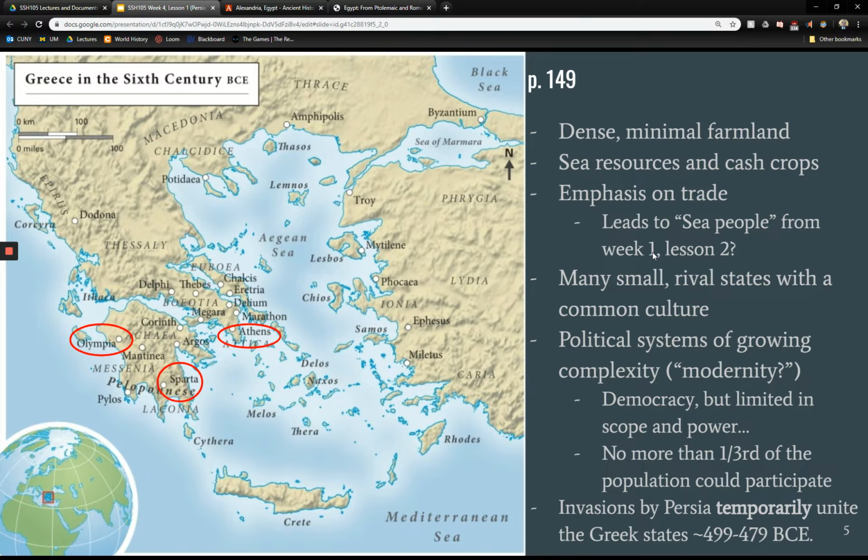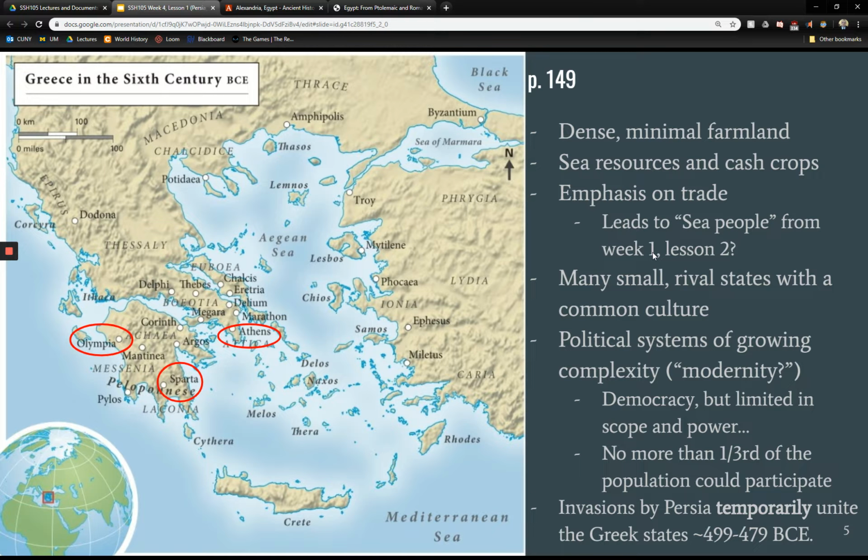And so the initial invasions by Persians very early in the 5th century BCE, from 499 to 479 BCE, these early invasions by the Persians around the time of the foundation of the early Persian Empire, but prior to the full takeover of some of the places around the Mediterranean, as the Persians are trying to essentially get as much of the Mediterranean as they can, this unites a lot of the Greek states.